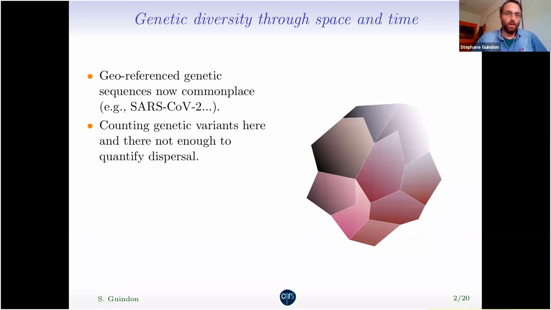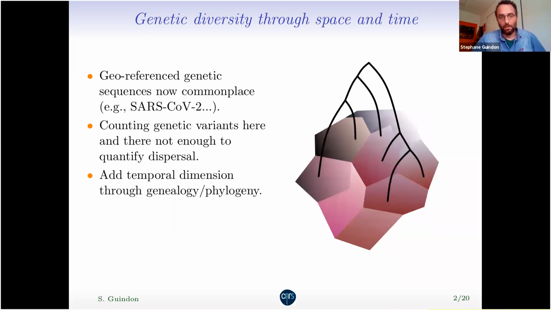So as you all know, it's now fairly easy to access georeferenced genetic sequences. But if you simply count genetic variants in different places across your habitat, then you're not going to be able to quantify dispersal. If you want to do so, you need to incorporate a temporal dimension, and phylogenetics allows you to do just that.